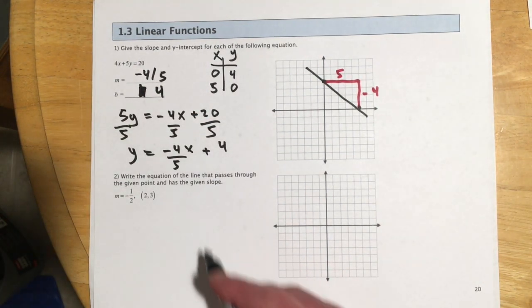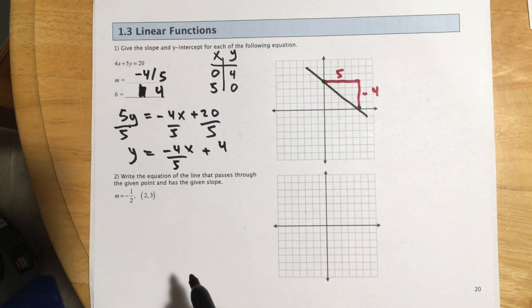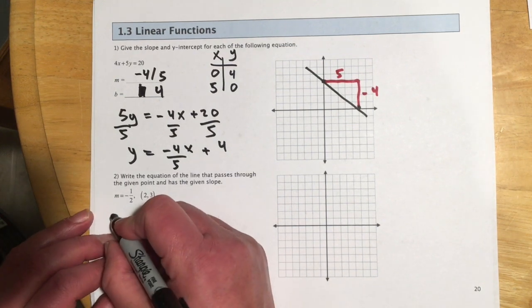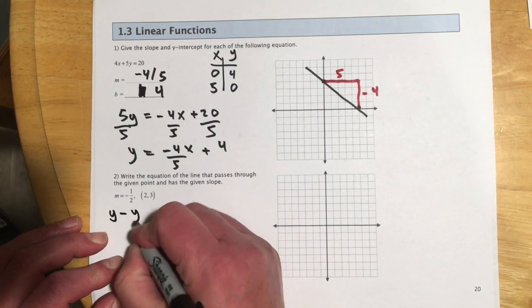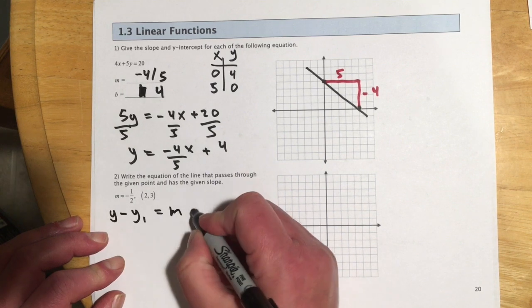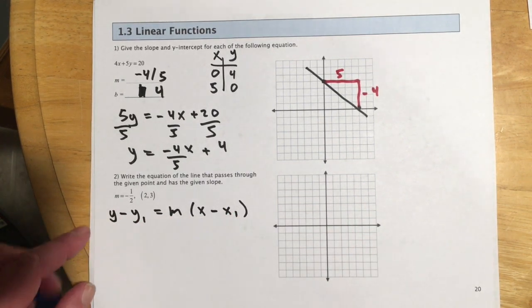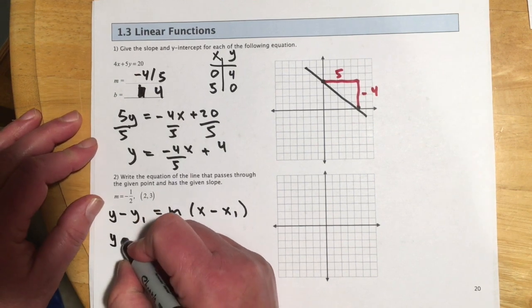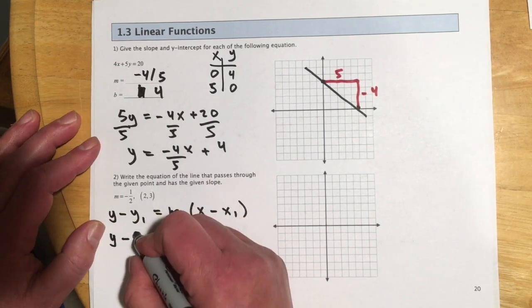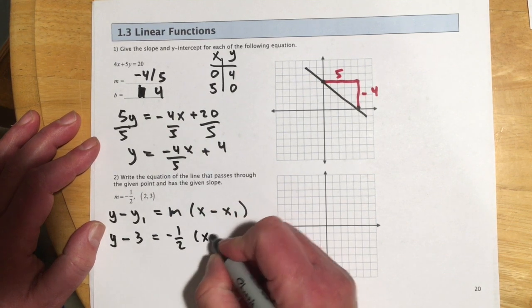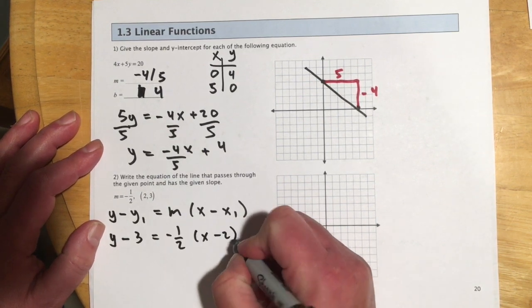This next one is write the equation of a line that passes through the given point and has the given slope. So we're going to go y minus y1 equals m, and then x minus x1. So plugging in those points, I get y minus 3, and our slope is negative 1/2, and then x minus 2.